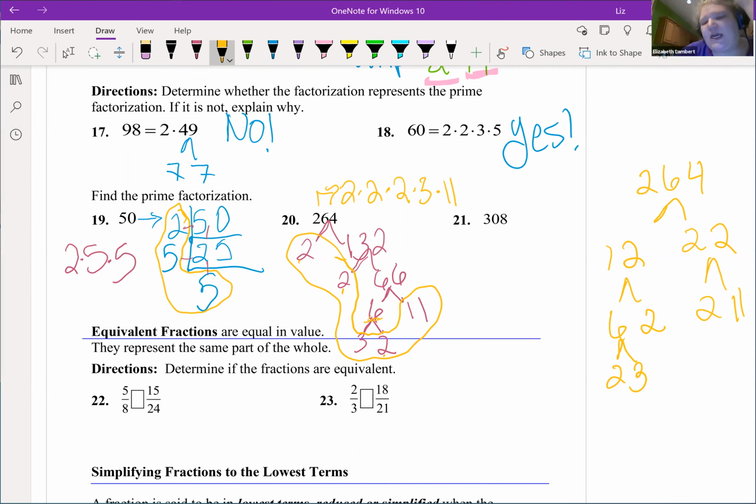So after getting tired of writing that over and over again, they were like, okay, we're writing 2 a whole bunch. Let's just count how many times, and then we'll put that number down. And somebody said, well, wait, you can't just put it next to it. Then it looks like times. And that's what we've been doing. You can't do that. Okay, we'll put it above. And thus were exponents born as a mathematicians' lazy shorthand. So 2 times 2 times 2 can be written as 2 to the third.